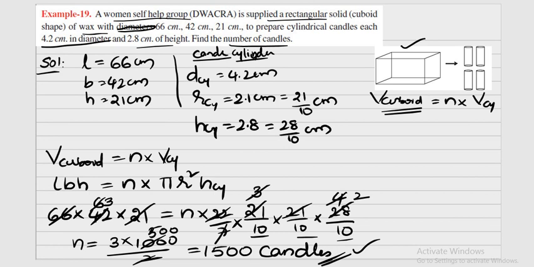In this, the simple thing that you need to remember is that when a particular solid is converted into another shape, their volumes remain constant, their volumes are equal. The only concept that follows here is volumes remain the same. Okay, if you have any more problems, you can directly solve them. Okay, thank you for watching the video.